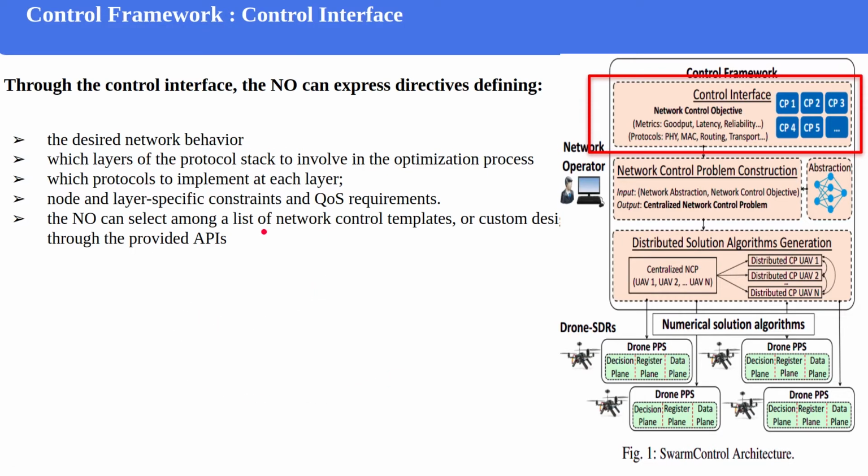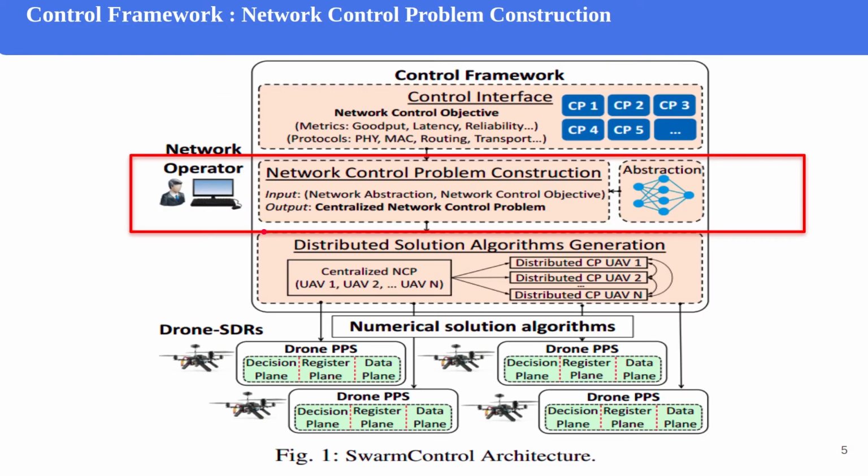and some other possibilities. The second part of the control framework is network control problem construction, or NCP. The NCP construction is the first step towards distributed control of a UAV network.